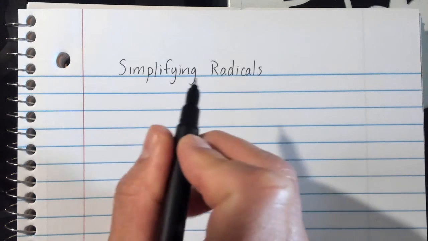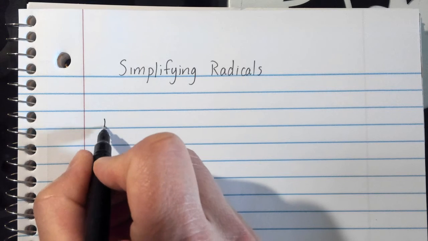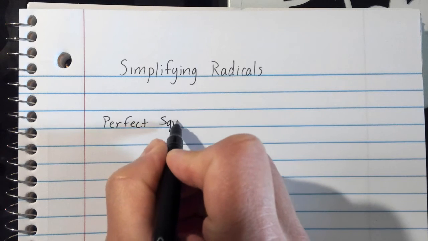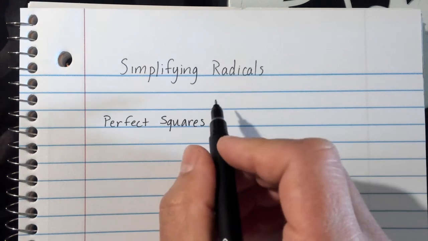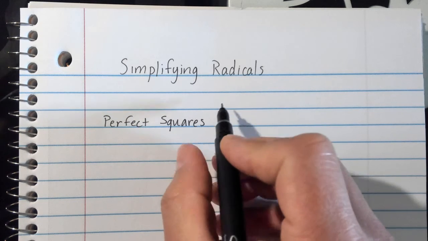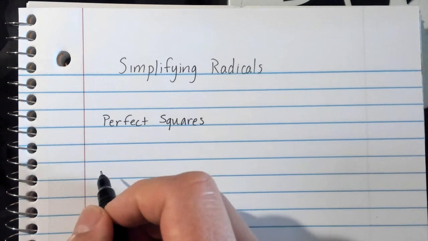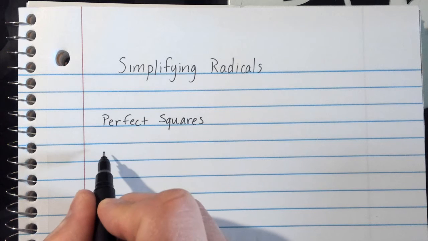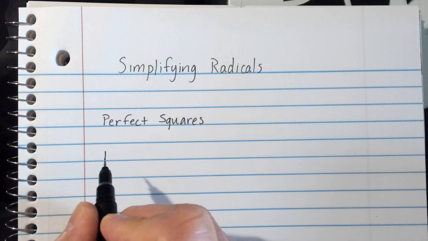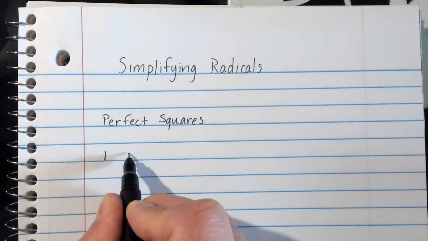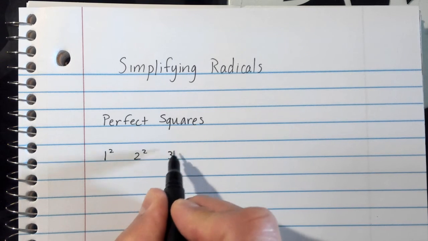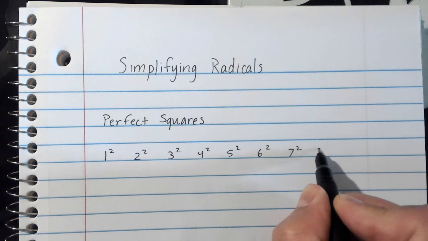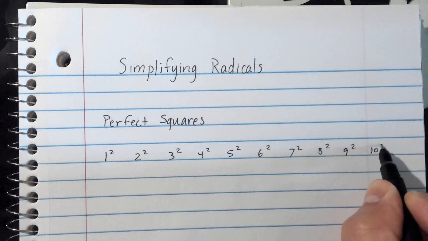In order to quickly simplify radicals, you need to know what the perfect squares are, and you also have to be really quick with your division facts from elementary school. Perfect squares are numbers you get when you square a whole number. If you square 1, you get 1. That's a perfect square. 2 squared, 3 squared, 4 squared, 5 squared, 6 squared, 7 squared, 8 squared, 9 squared, 10 squared, and so on.